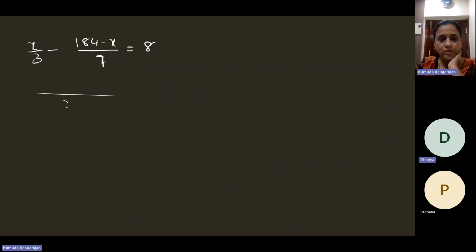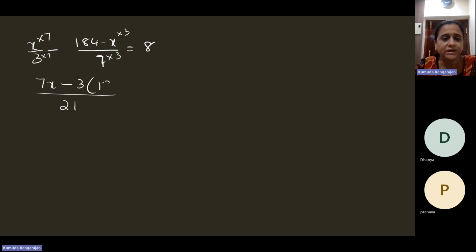Okay, what's the LCM of 3 and 7? 21. So 3 into 7 and 7 into 3. Now x into 7 is 7x minus 184 minus x into 3. So how do you write that?